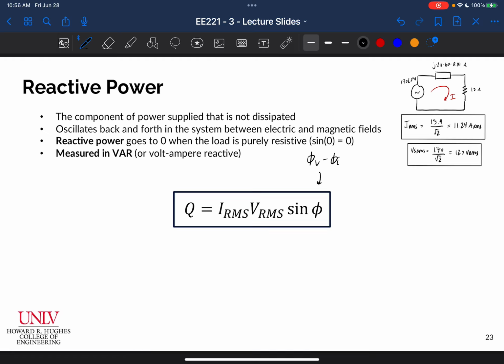We have all real power, which is the case where our apparent power is equal to our real power. Okay? And one more unit for you guys who are already frustrated by the volt amperes. Q is measured in VAR, or volt amps reactive. So we've got real power, which is measured in watts, W. We've got reactive power, Q now, which is measured in volt amps reactive, or VAR.